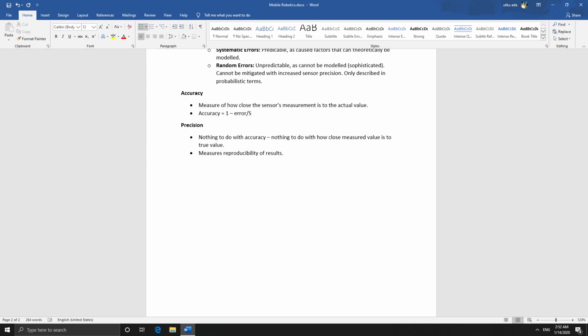Now the actual equation for this includes the standard deviation of the random error, which I'm not going to be able to type out right now, but I will add this as a link in the bottom of the description, so you can check that out there.